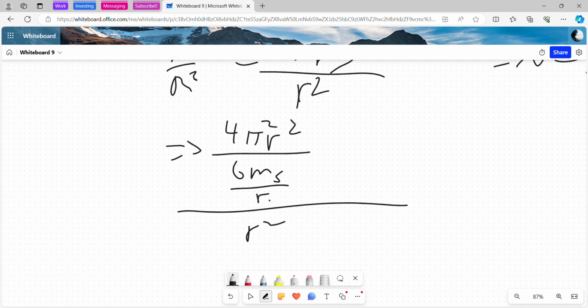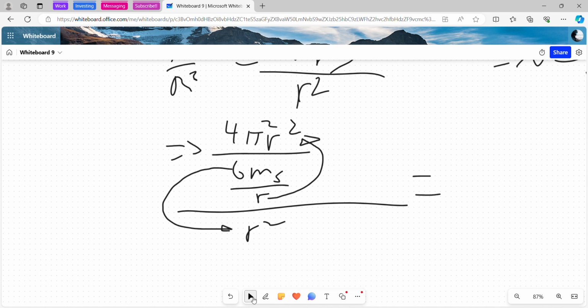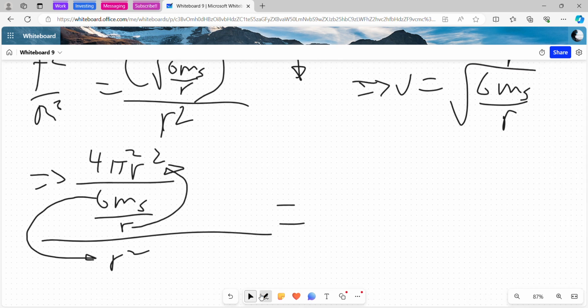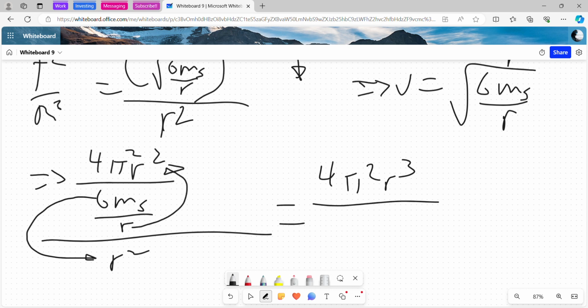So now this r is going to go to the very top, and this GMs is going to come down here. So then this equals 4 pi squared r cubed, because r times r squared basically equals r cubed, divided by GMs times r.